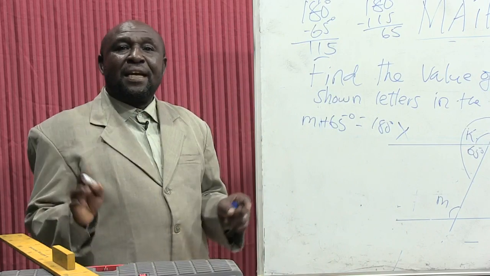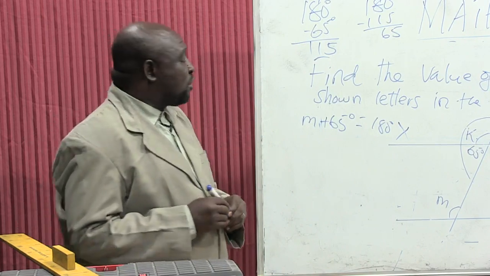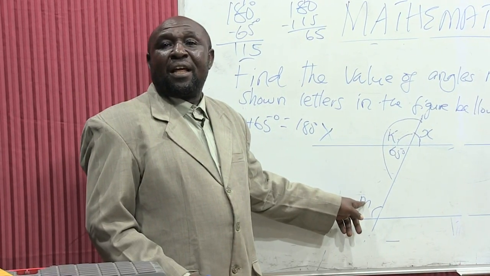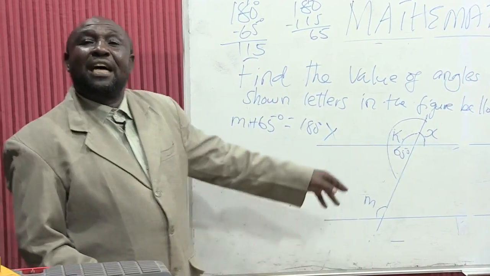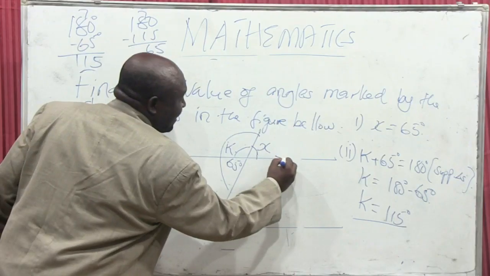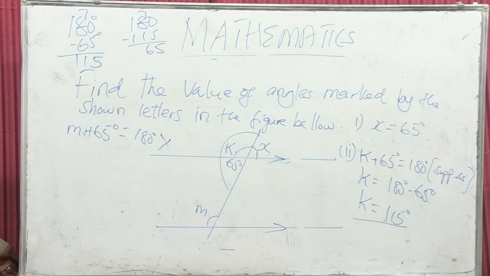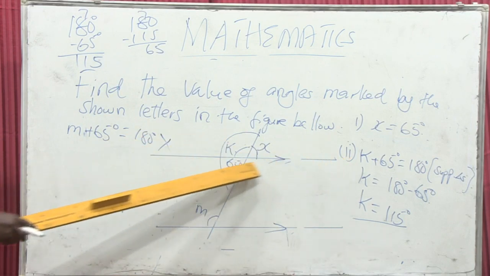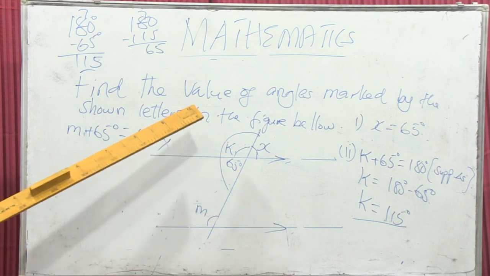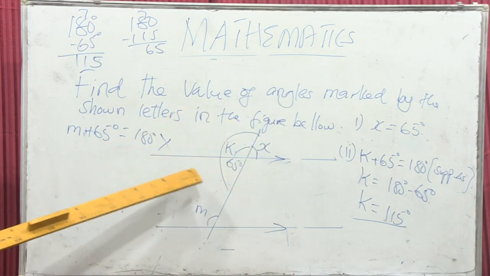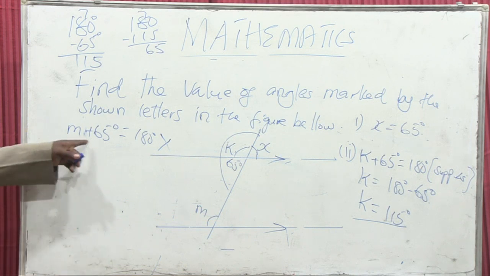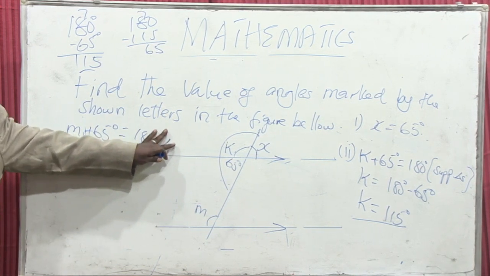Otherwise, take the measuring tools to measure the value of M. But in the knowledge of calculation, you can't calculate unless I've told you that these lines are parallel with this mark, or there is a statement in the figure that the two lines are parallel, then this could be correct.